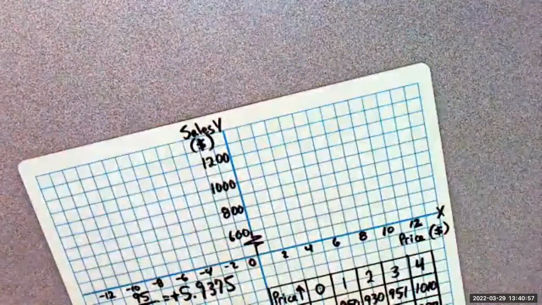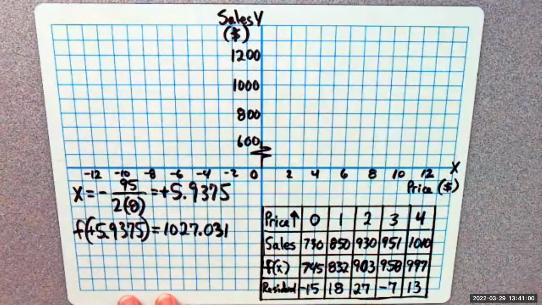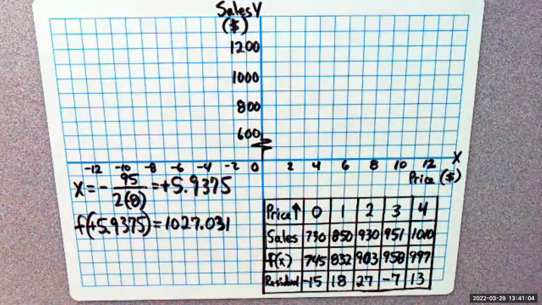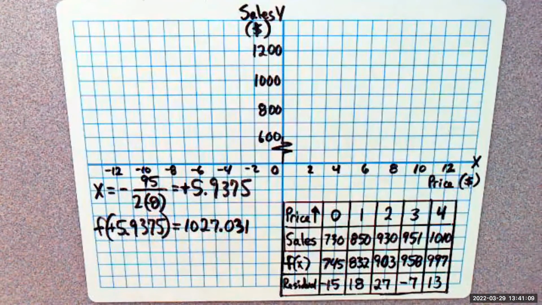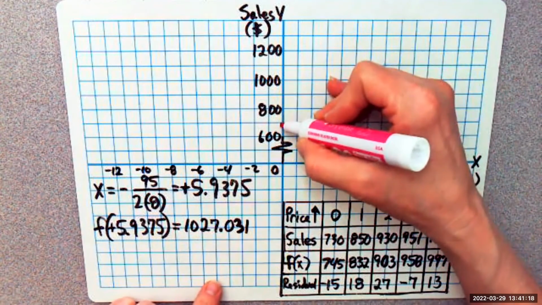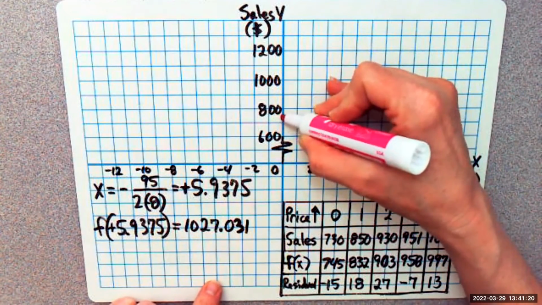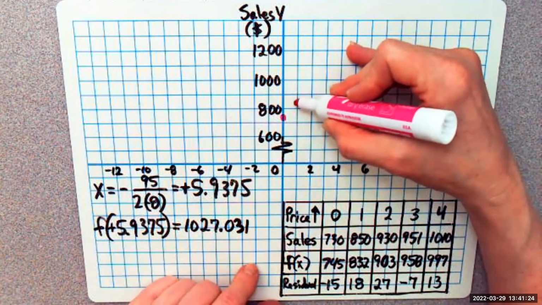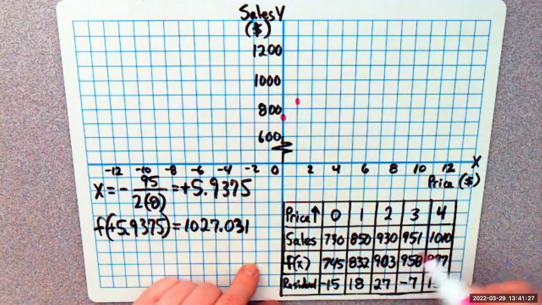All right, let's take a look at the model. I put some data together already to make it a little easier to see. Let's plot a few of these points. Our current scatter plot is 0, 730, which is right about here.